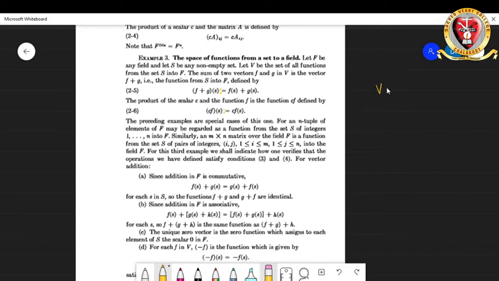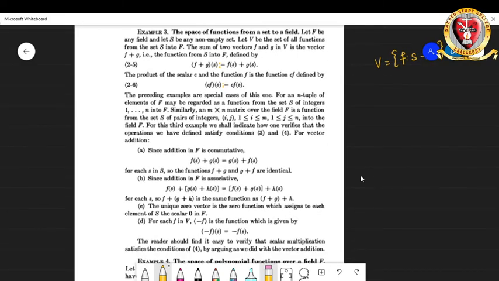V is the set of all functions from S to F. So this is V, right? Now, functions, especially under the normal addition, are commutative, right? And the addition is associative.